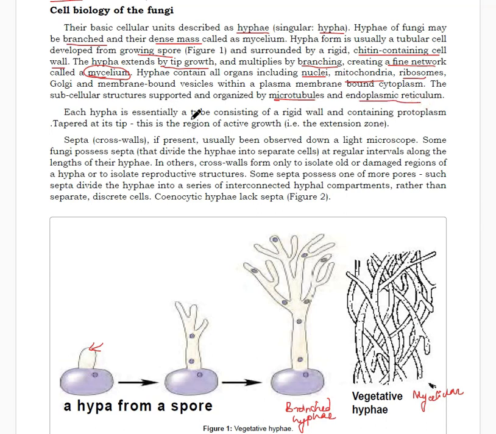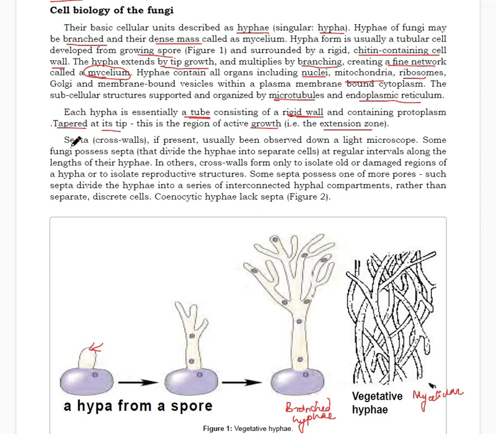A hypha is essentially a tube-like structure consisting of a rigid wall and containing protoplasm tapered at its tip. Okay, this is the region of active growth. So the upper part is the region of active growth, which is the extension zone.